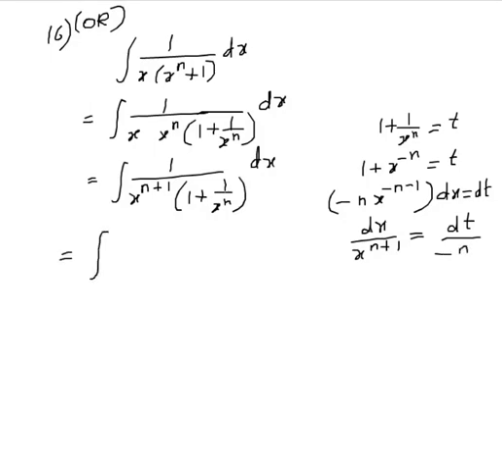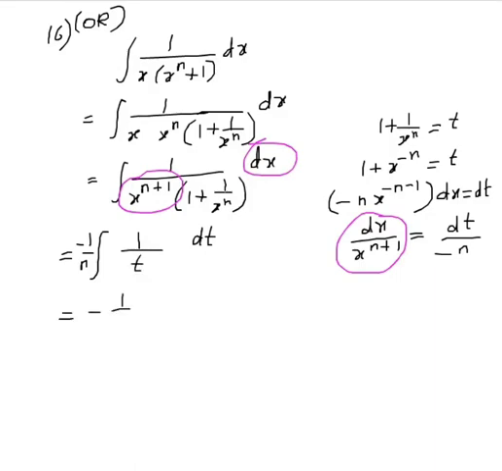Let us substitute. No need to use the partial fraction method here. We have dx divided by x power n plus 1, which becomes dt divided by minus n, and this term becomes t. See how easy it is?